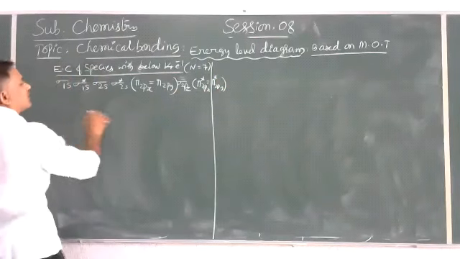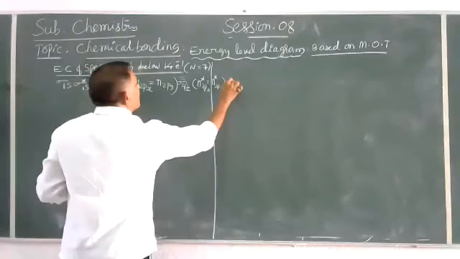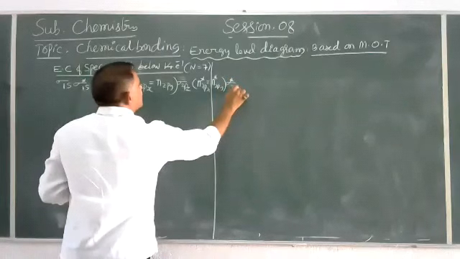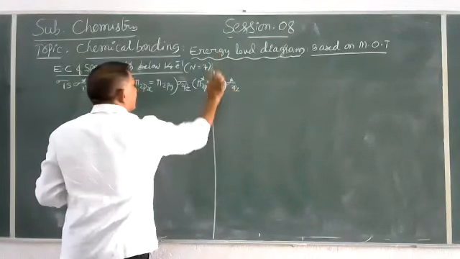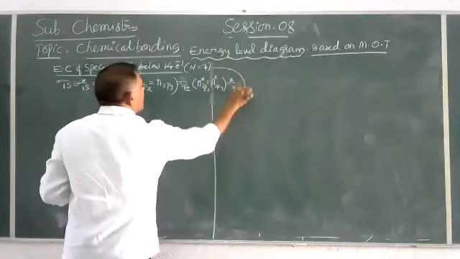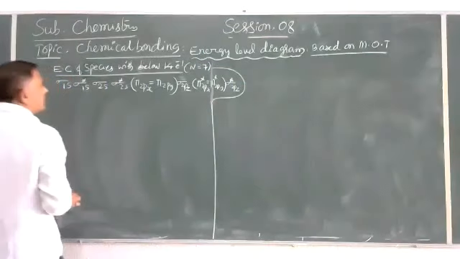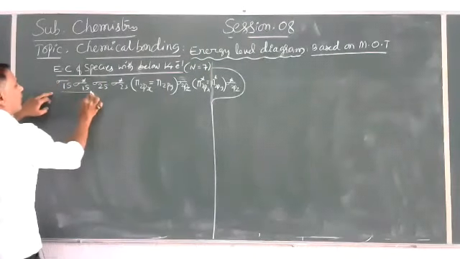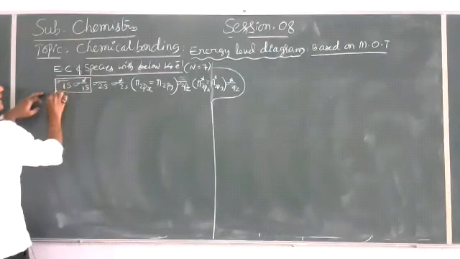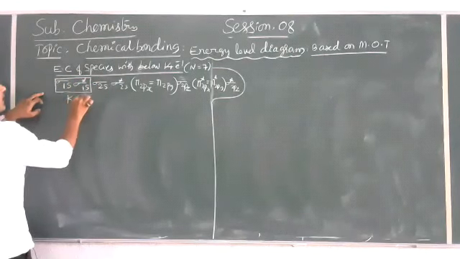Then the next one is sigma star 2pz. Instead of sigma 1s and sigma star 1s, we can take KK energy level.